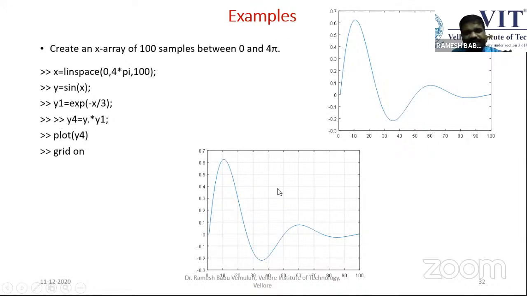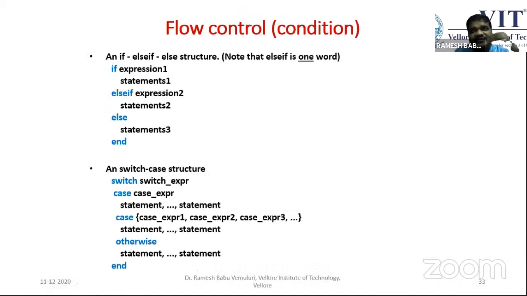So with this basic understanding, we are moving towards the control conditions, also called loops. Here there are two types of loops. One is conditional statements, and another one is infinite loops.